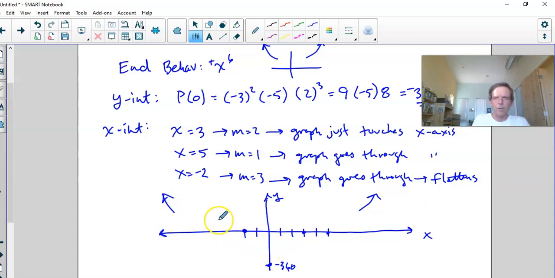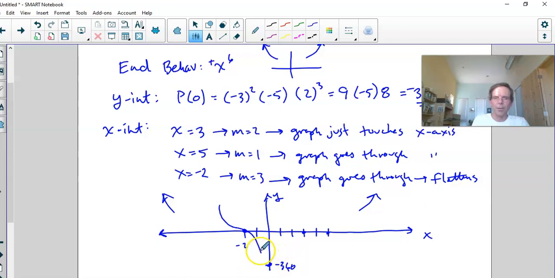Let's start going from left to right. We must be coming down to this first negative 2 intercept, and that says it goes through and flattens. So it must come down and touch and then kind of go like that. You see how it's flattening out a little bit as it goes through.